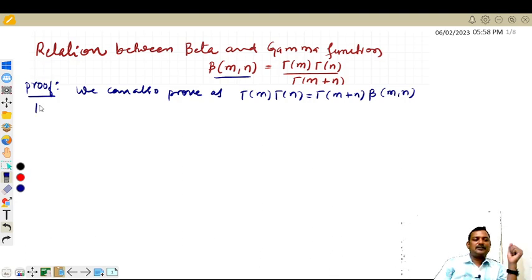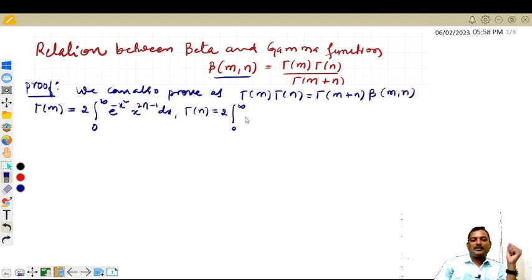So students, we know that gamma of m is equal to 2 times integral from 0 to infinity e raised to minus x square into x raised to 2m minus 1 into dx, and gamma of n is equal to 2 times integral from 0 to infinity e raised to minus y square into y raised to 2n minus 1 into dy.